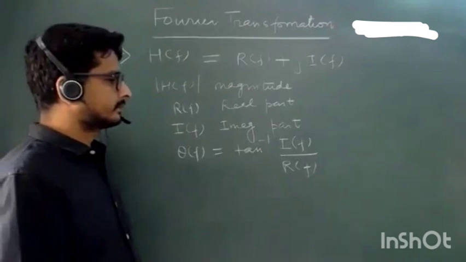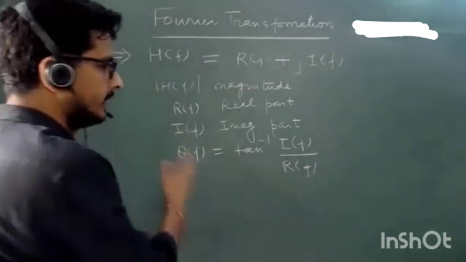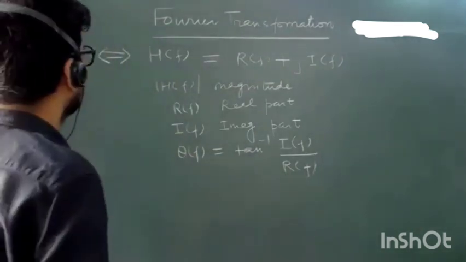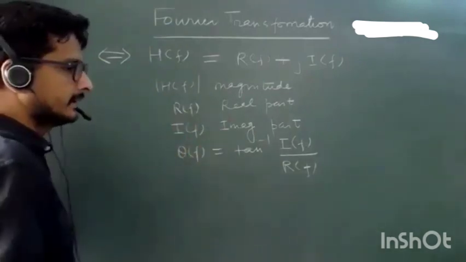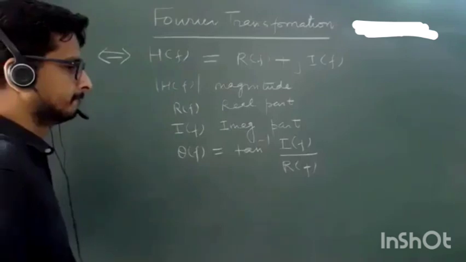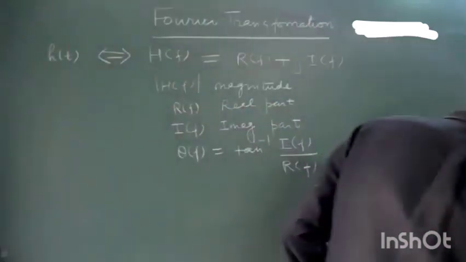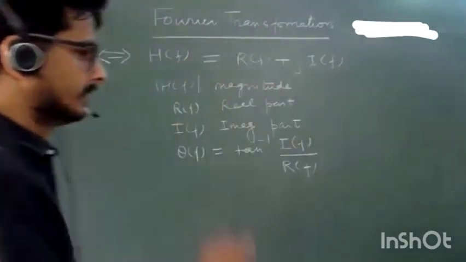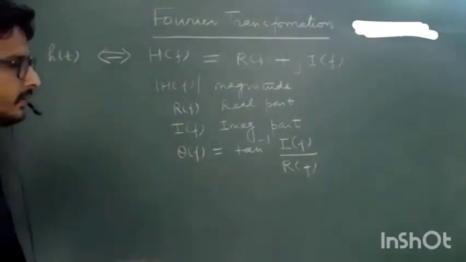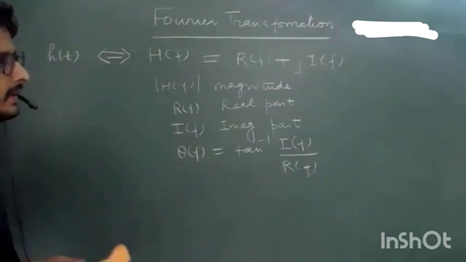Now I will give the formula for how to convert a function into its Fourier transformation. So can I erase this? Note down, just simple things are there. One question will come from this Fourier transform. I told you Fourier series, Fourier transform, Laplace transform, these three topics will give you 2 questions.